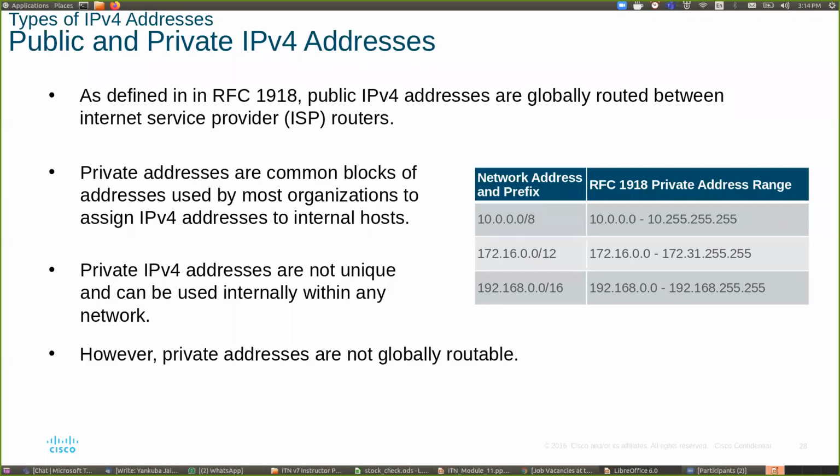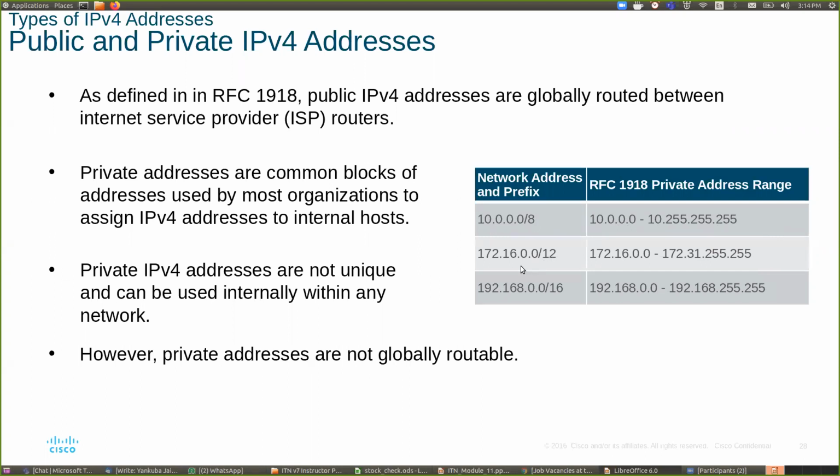An example of a private IP address range for class A is 10.0.0.0 to 10.255.255.255. Wherever you see this particular range from 10.0 to 10.255, know that it is a class A private IP address.